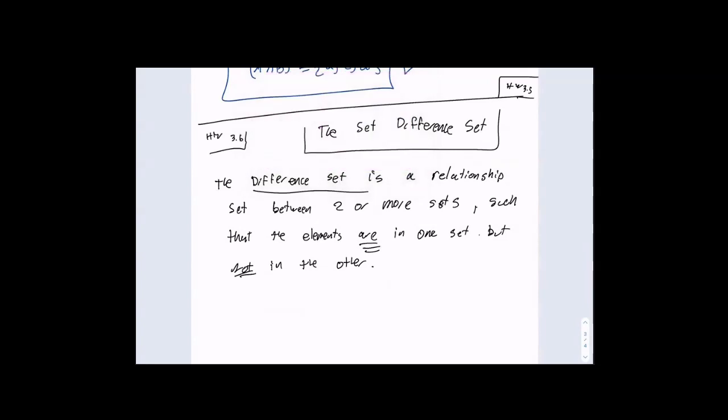Now there are two different ways to write this. The most common way is A minus B. It's kind of this difference.